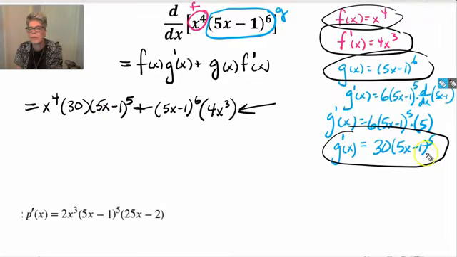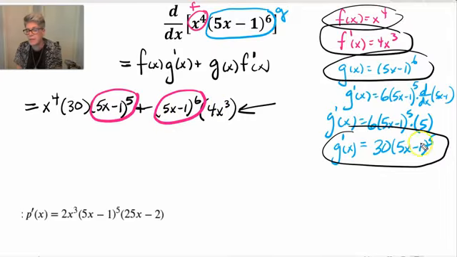I might start with those. Now the most I have in common is (5x minus 1) to the 5th power. That's the most I have in common in both of those summands. So if I factor that out, what am I left with?